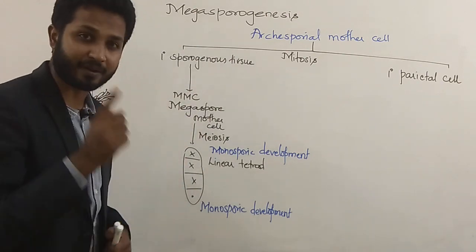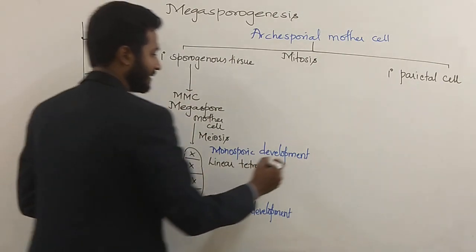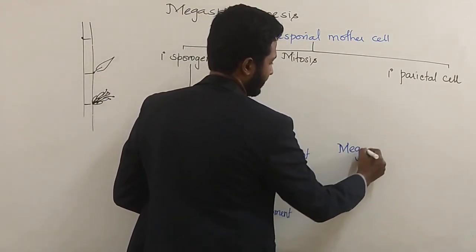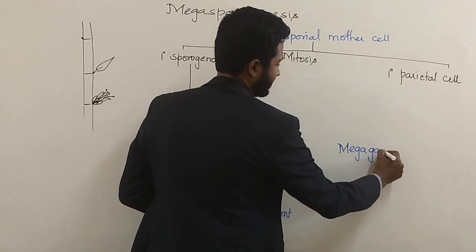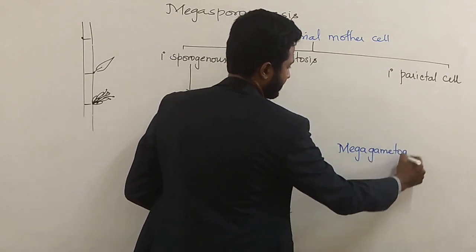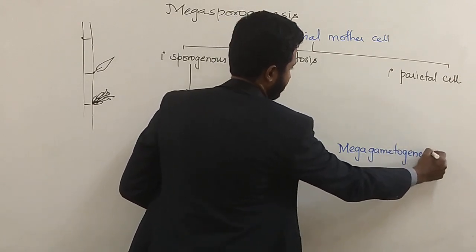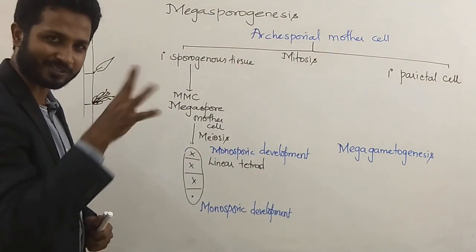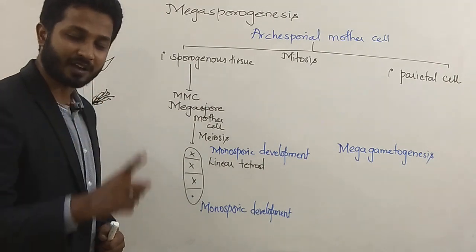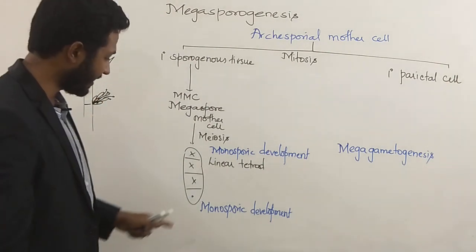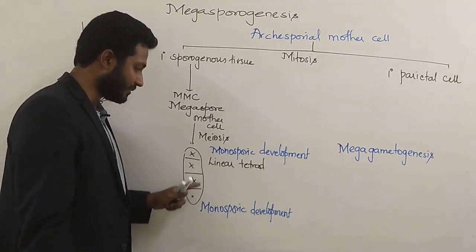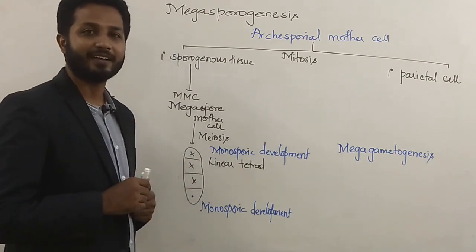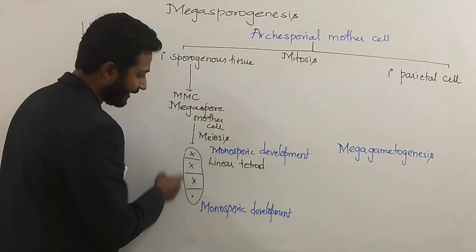And the steps from here are known as megagametogenesis. What exactly is megagametogenesis? It is a process or phenomenon where the lowermost megaspore cell is gonna divide and cover up the entire area.